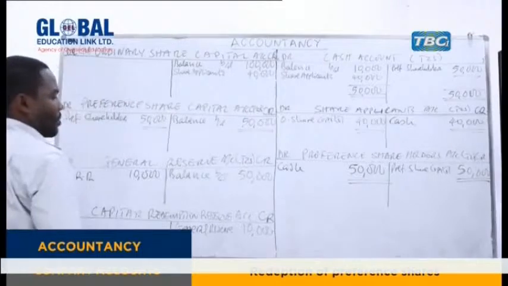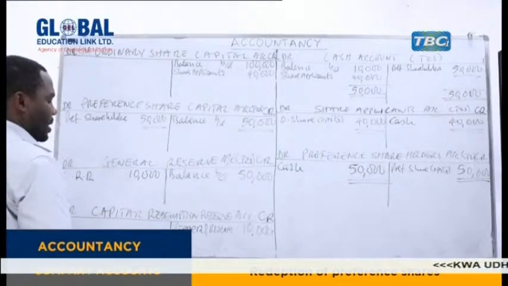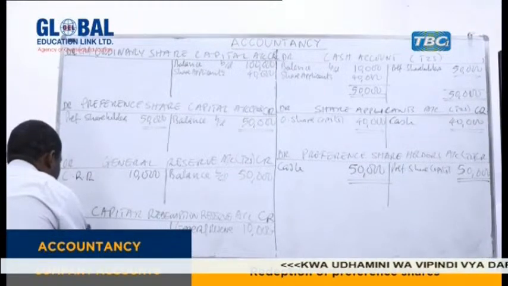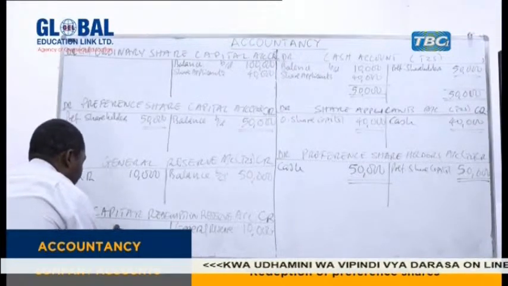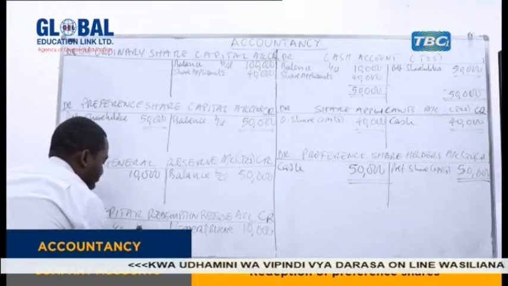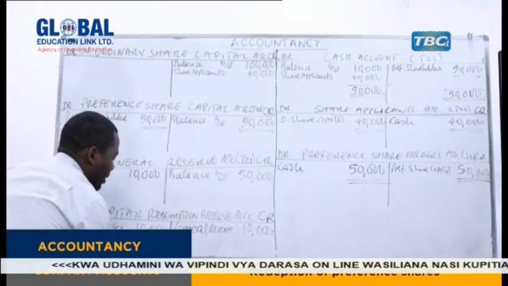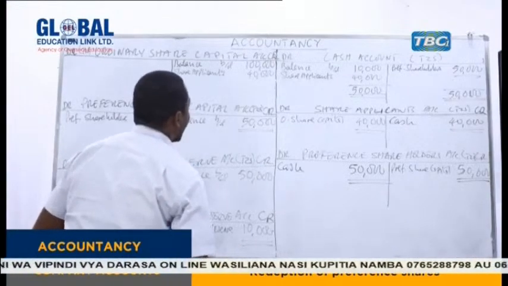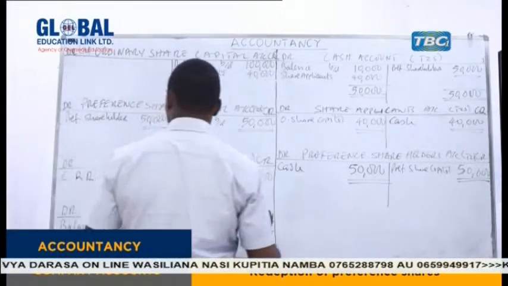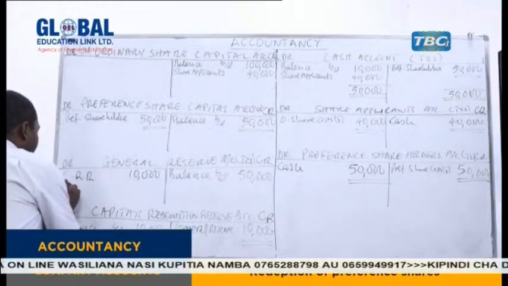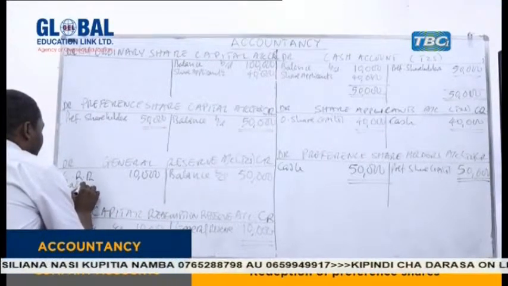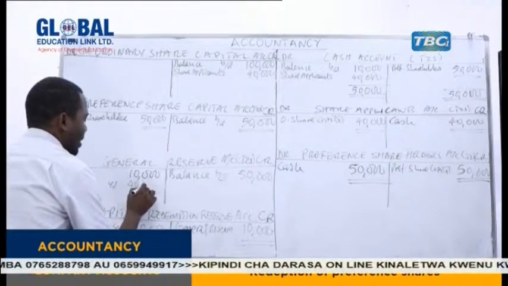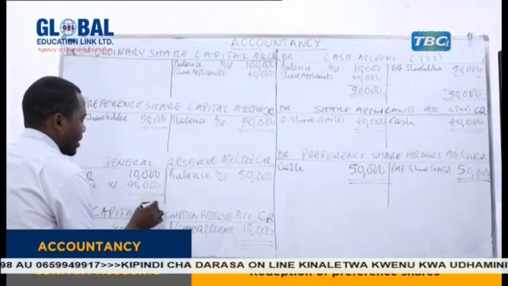If it is 10,000, then this should go for balance CD 10,000. Okay, so here we remain with balance CD in the general reserve of 40,000.